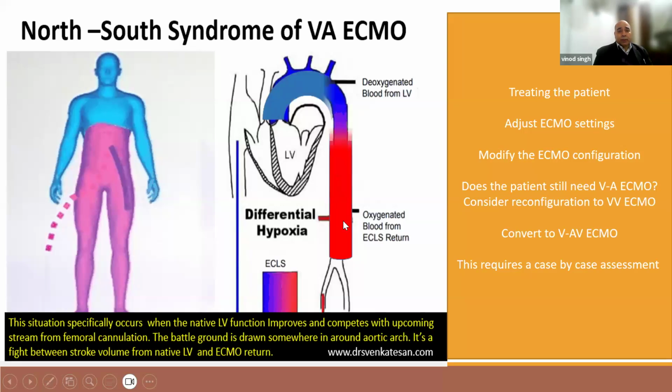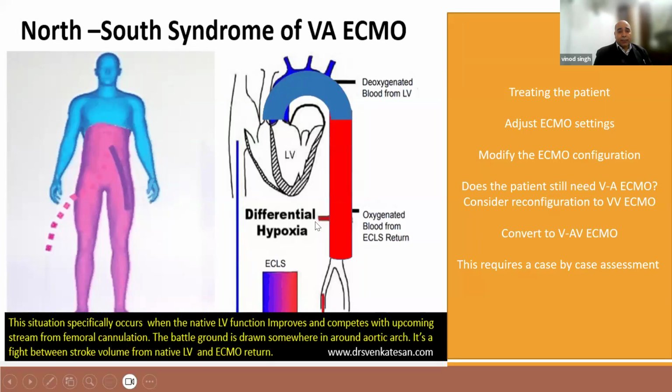This is the blood going from the descending aorta towards the arch of the aorta, and this is the blood coming to the arch of the aorta. Usually, if you have a very poor cardiac function, this mixing occurs somewhere in the abdominal aorta. But if your cardiac function is improved, try to understand it again.